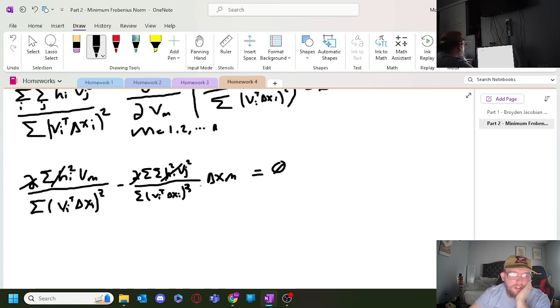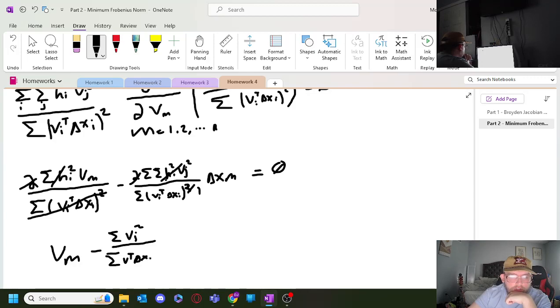So we got this squared here, got this cubed here, so we can remove this and remove that and change that to a 1. So what we're ending up left with is Vm minus the sum of the v's squared over the sum of the transpose of v multiplied by our delta x vector. And all that times delta x sub m. And that has to equal 0.